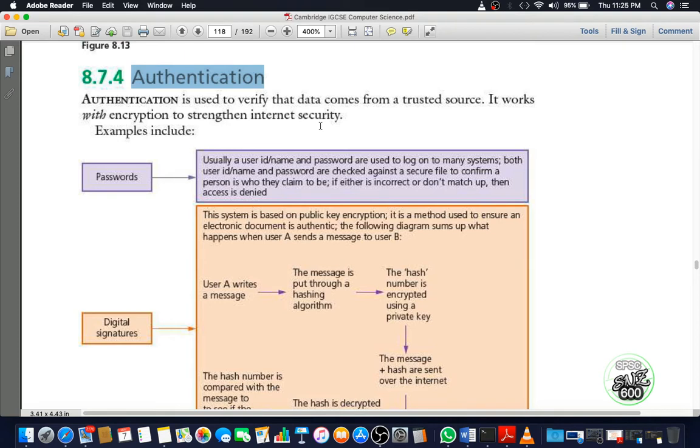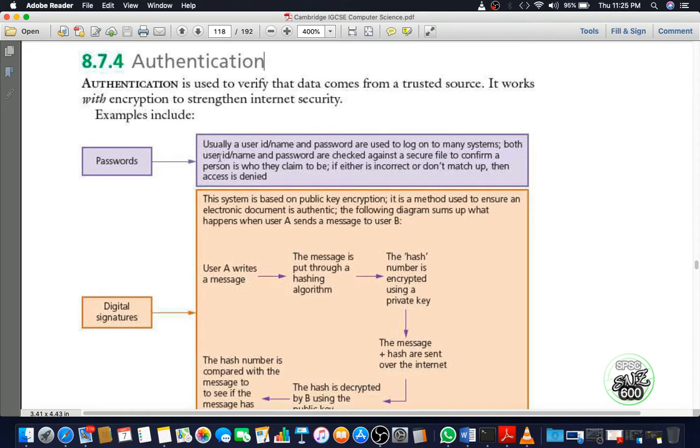So actually in authentication, the receiver checks that the information is actually coming from the correct sender. It is not sent from some hacker or some other person. So this actually verifies this, and it works with encryption to strengthen the internet security.